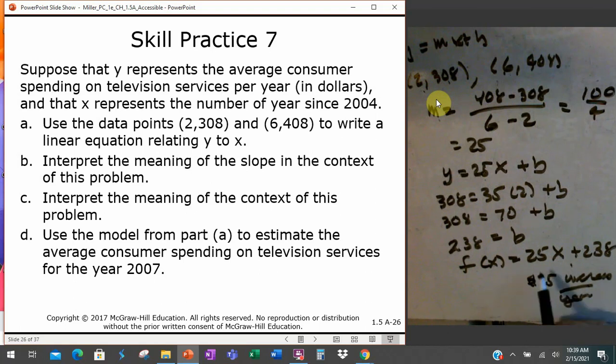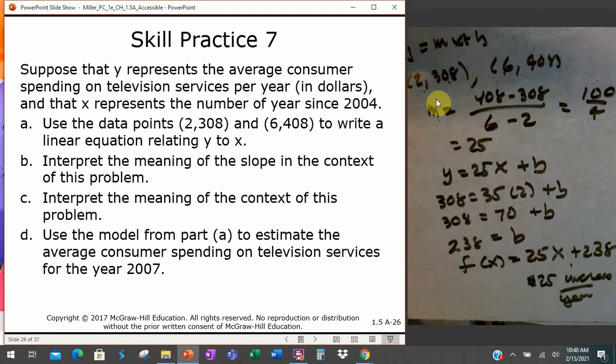In one year it increased 25, so that's per unit, per year. That's the meaning of the slope in context. The slope is 25: for every 1 over, we go 25 up. In terms of the context, for every year, which is 1 over, we go up $25 in spending.